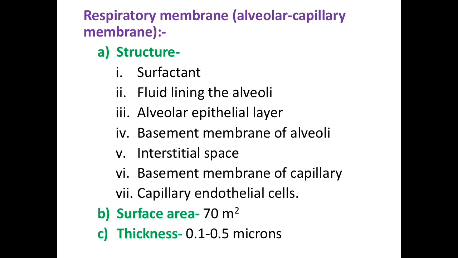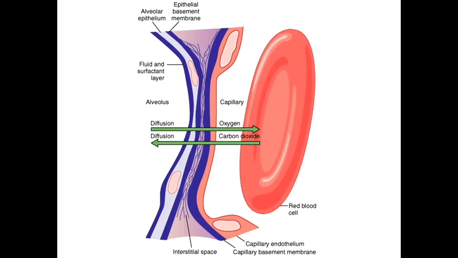Its surface area is around 70 meters square. Its thickness is 0.5 to 0.1 microns. Over here in this figure you can see the structure of this respiratory membrane.